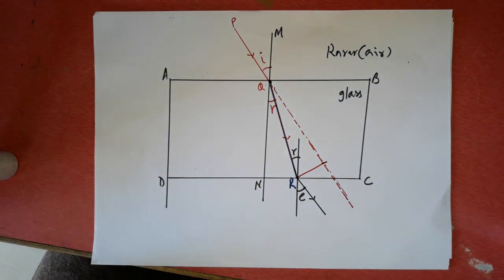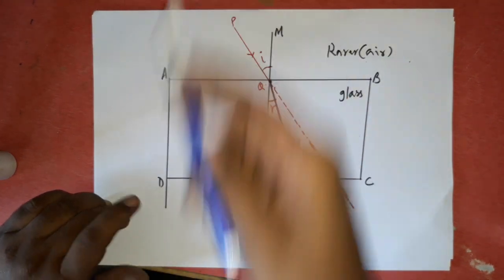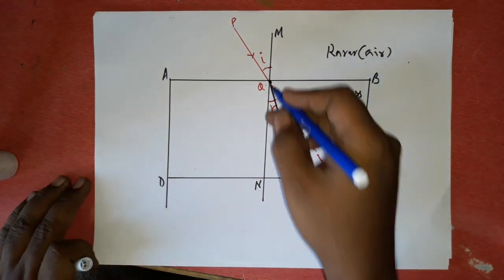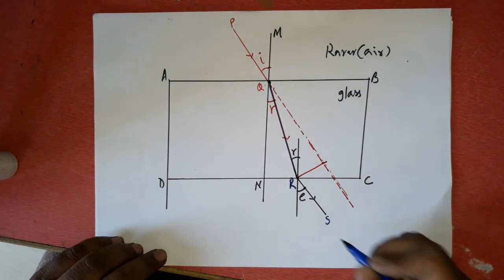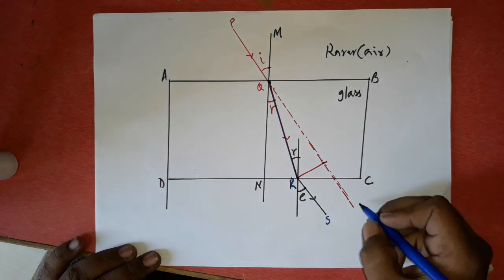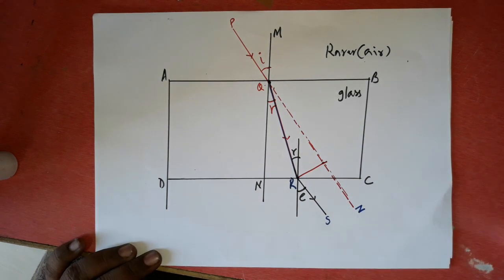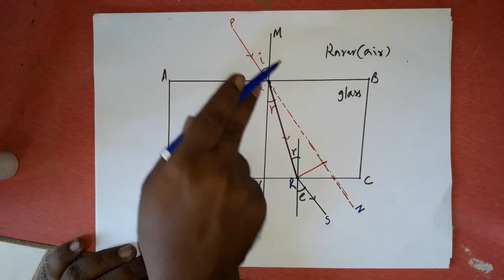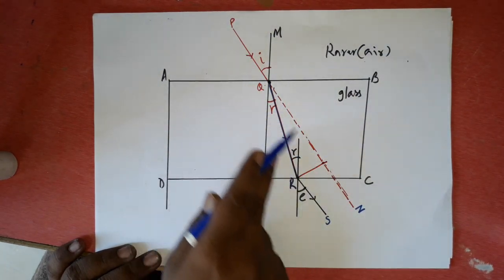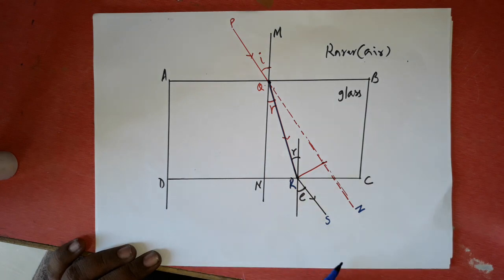So PQ is called the incident ray, QR is called the refracted ray. Let us take this RS and name this ray Z. This is the original direction of the incident ray. This is the emergent ray.